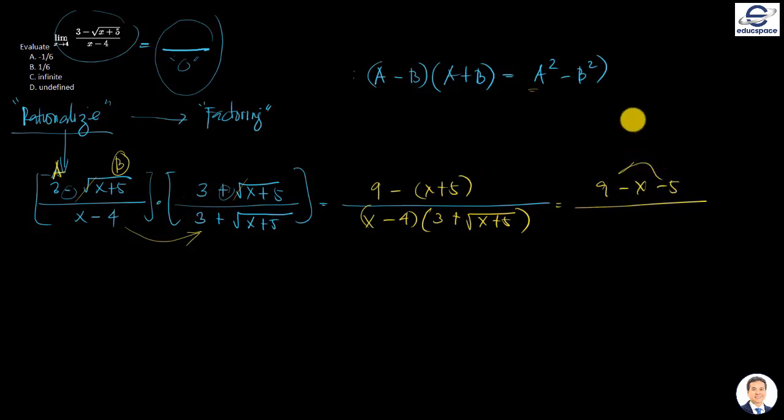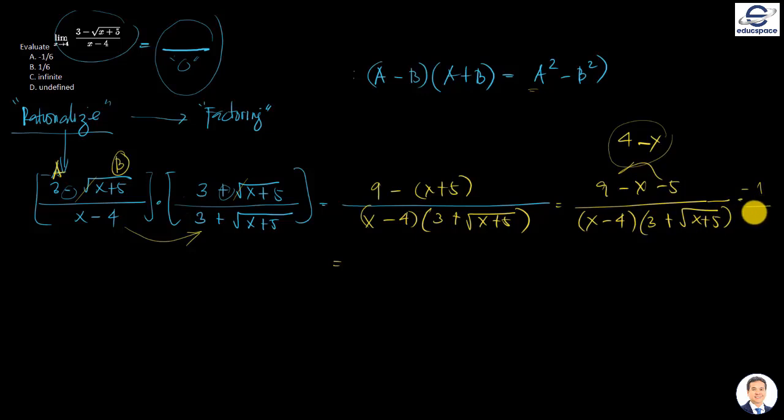So this means that we have here a simplified 4 minus x, and then x minus 4 times 3 plus the square root of x plus 5. So we still have positive 4 here, minus x, and then x minus 4. What I will do is just multiply this by negative.